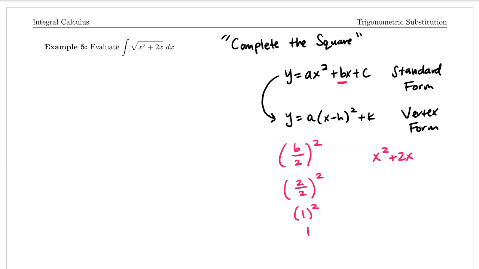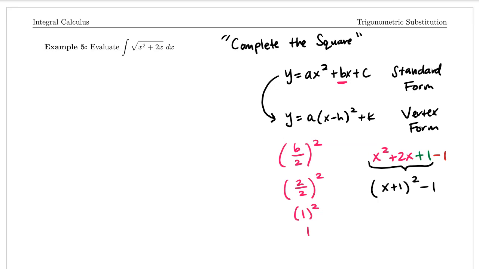So what that means is, I want to add 1 at the end of my quadratic, but I can't just randomly add 1, that will change my function. So to counteract that, I'm going to subtract 1. So now by adding 1 and subtracting 1, I have essentially maintained balance. It's still the same function, but now these first 3 terms, I'm able to factor into x plus 1 squared, and then I'm bringing down the minus 1.